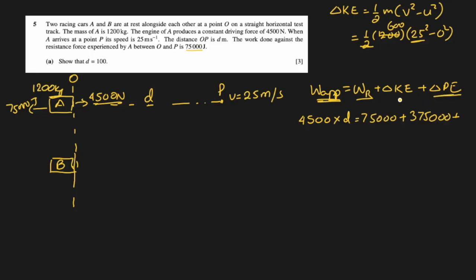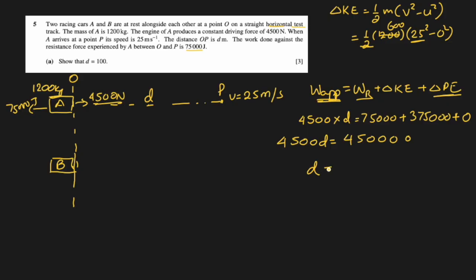There is no change in potential energy because they say it's a horizontal track. Horizontal track means the height did not change. If height did not change, the change in potential energy is 0. So this gives us a simple equation, 4500d equals this plus this, 75,000 plus 375,000, 450,000.